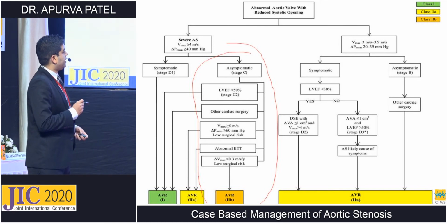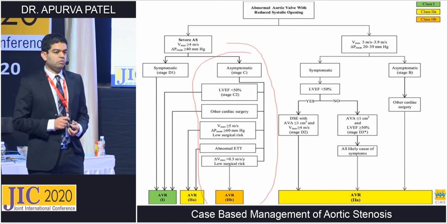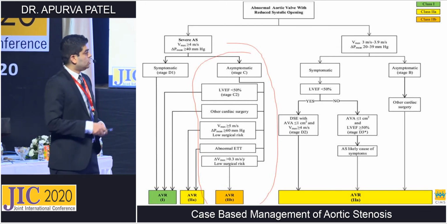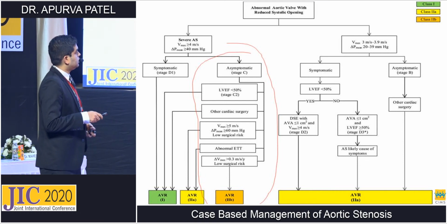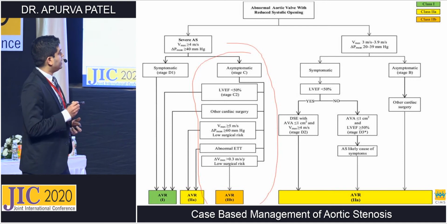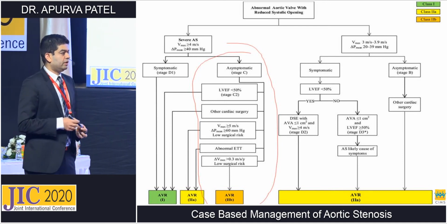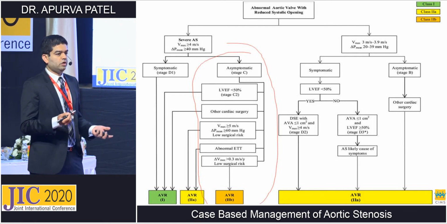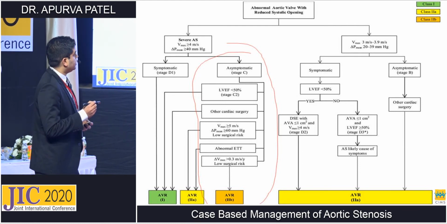In that scenario, when you have reduced LV function, less than 50%, even though you're not feeling the symptoms, your heart is feeling it, so it needs to be replaced. The other indication in this group includes if you have any other cardiac surgery, like asymptomatic AS, but the patient has severe MR or something of that sort, and then you can do that.